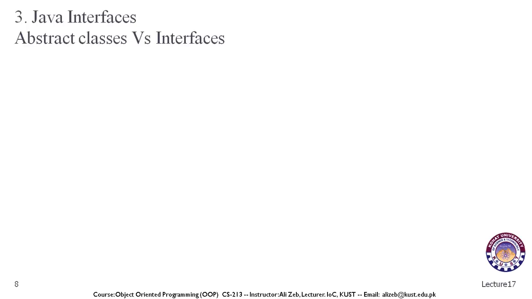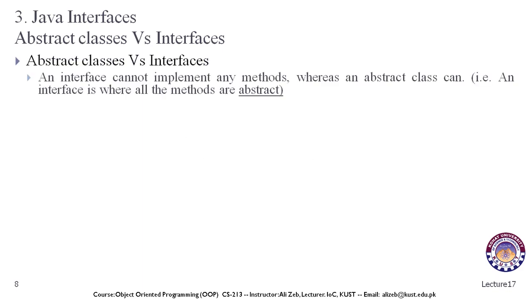Now to compare abstract classes with interfaces, we can say that an interface cannot implement any methods, whereas an abstract class can. An interface is where all the methods are abstract.